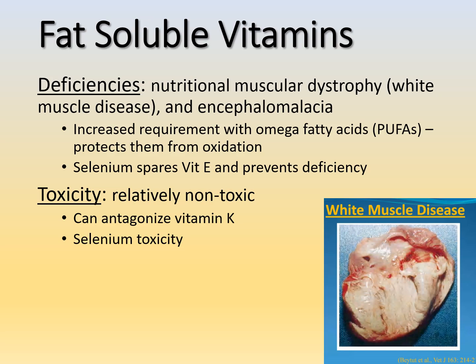So it's relatively non-toxic. You don't see a lot of toxicity with vitamin E, but these are some effects that can happen with it. But more importantly are those deficiencies.